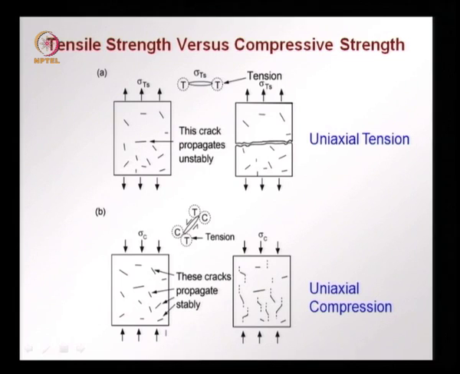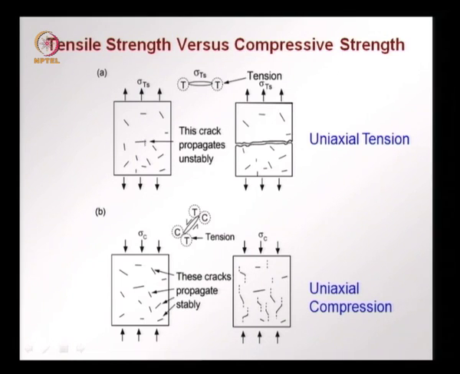So, let us look at how a piece of material subjected to tension and compression differ in their behavior. On the top we have a panel subjected to uniaxial tension, and in this panel we will have a lot of defects. These are the inherent defects occurring in the material, and now when tension is applied we will have the most significant crack, that is the longest, most favorably oriented crack.